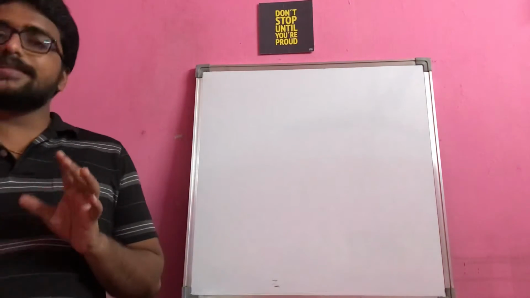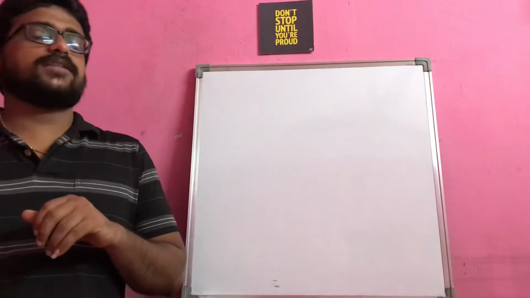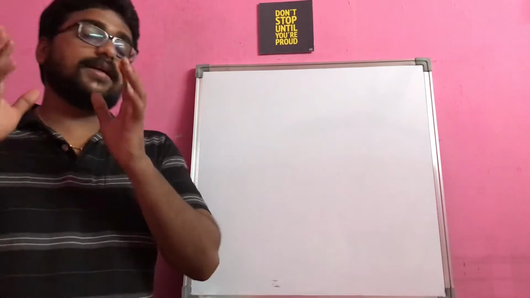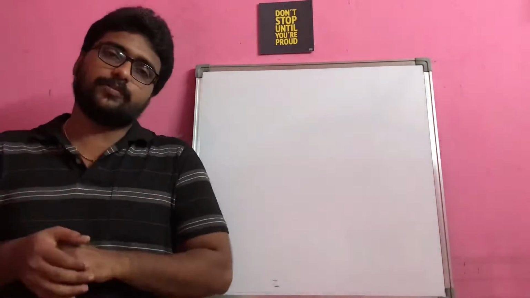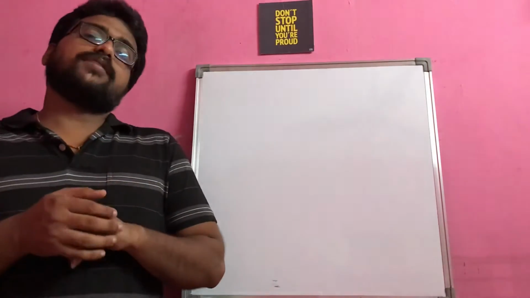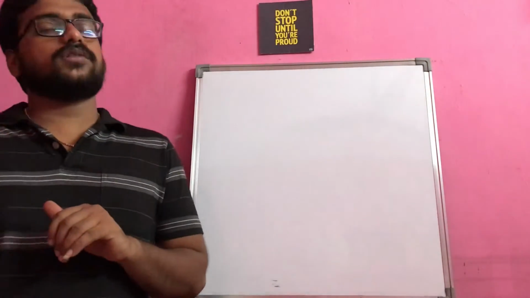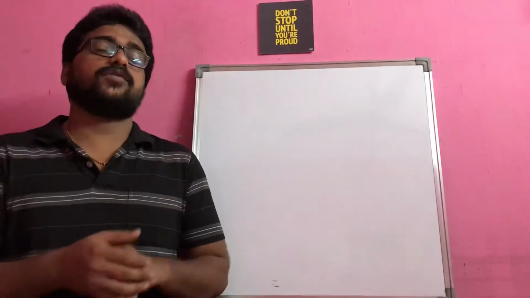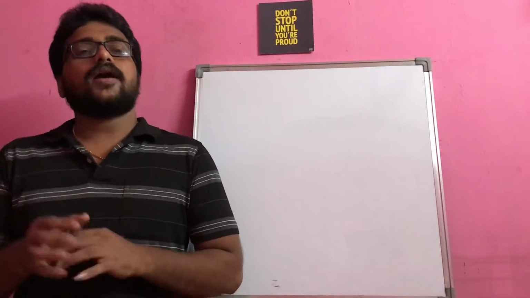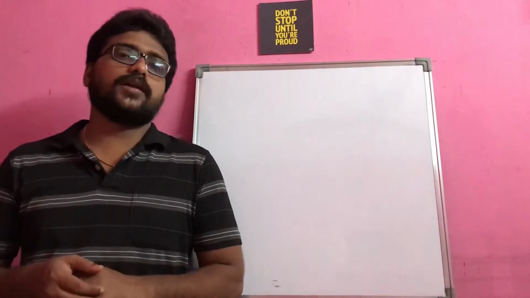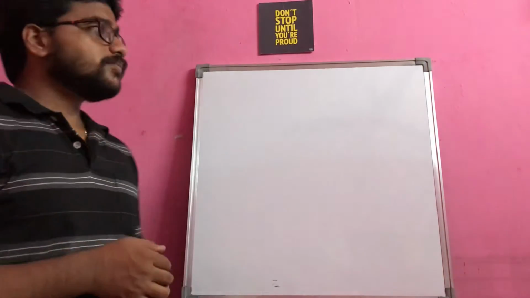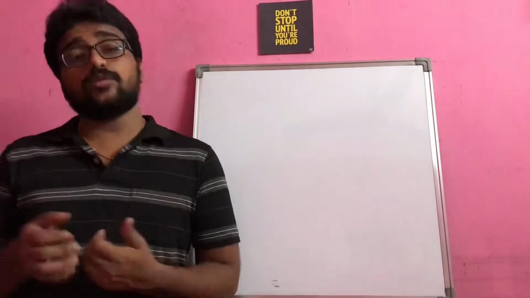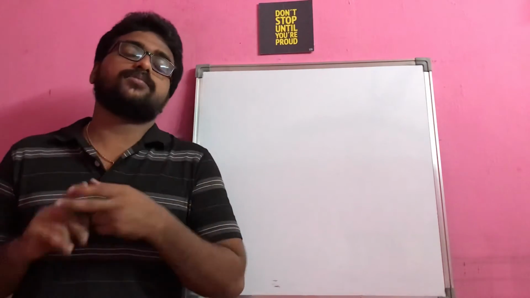Where f double dash of x is greater than 0, it shows that the function will have a minimum value at that particular point. Where f double dash of x is less than 0, there you get the maximum value. That is the definition that we already decided, and we named that the second order derivative test, right?